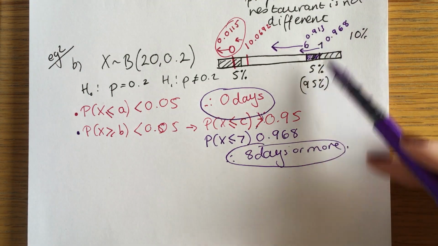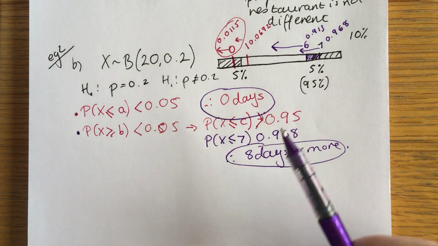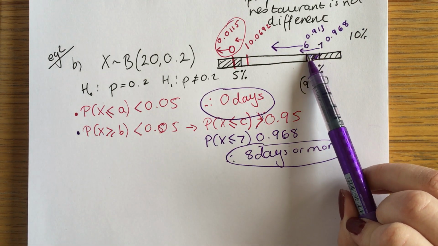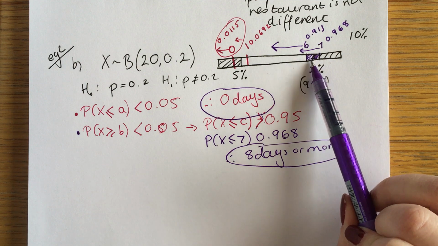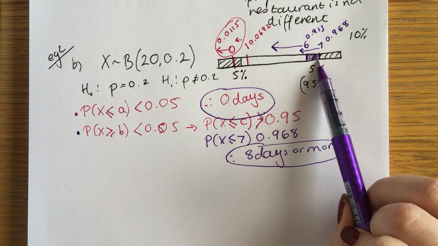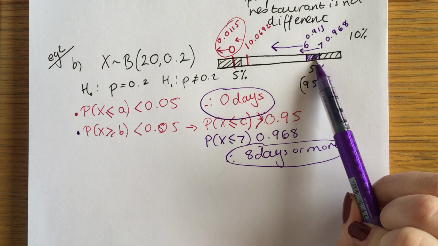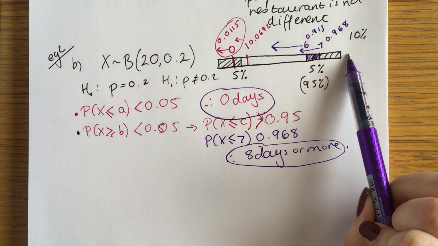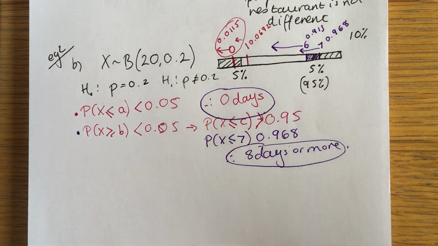This is probably the hardest concept to understand, because on the 7th day, the probability starts less than 95%. So on the 7th day is when it crosses, so therefore it's 8, 9, 10, 11 or 12 days up to 20 is our cut-off point.